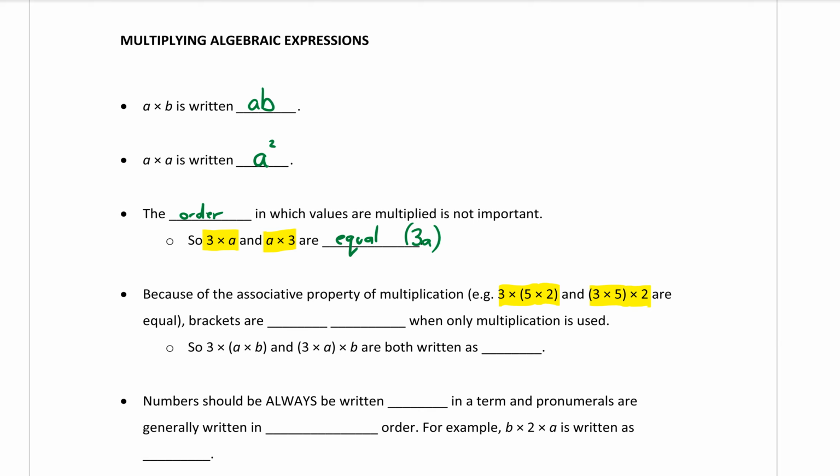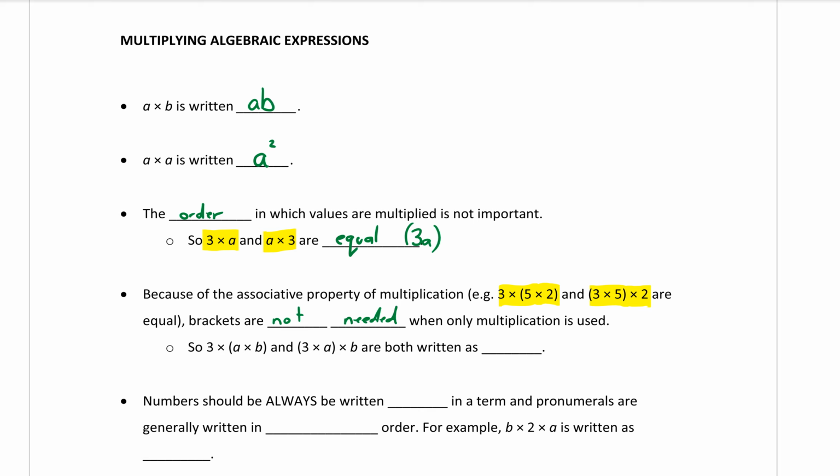Because those things are actually equal, when you're multiplying, it doesn't actually matter the order that you multiply in. The brackets are not actually needed. Okay, so that's what the next space is. Brackets are not needed when only multiplication is used.